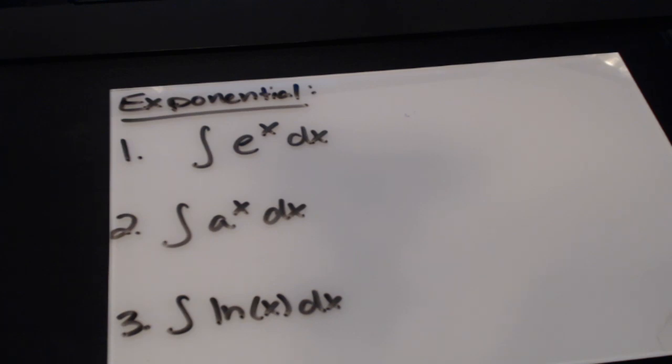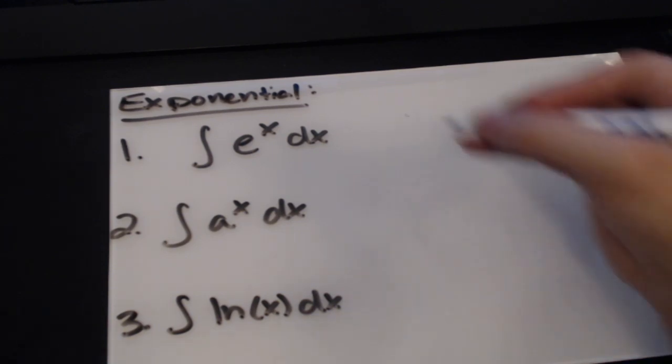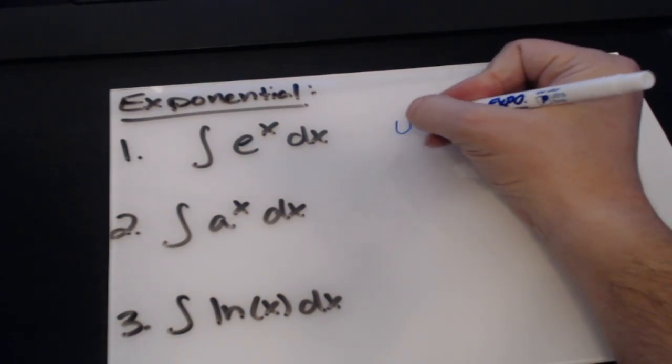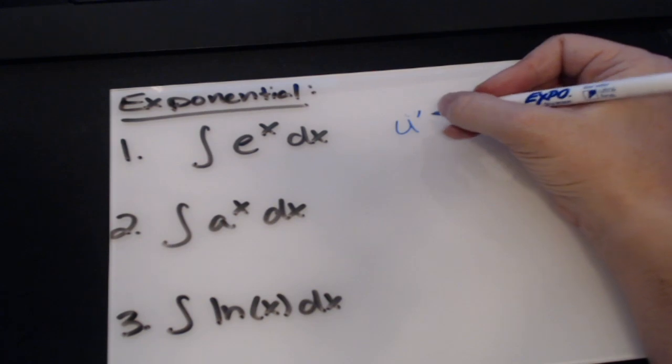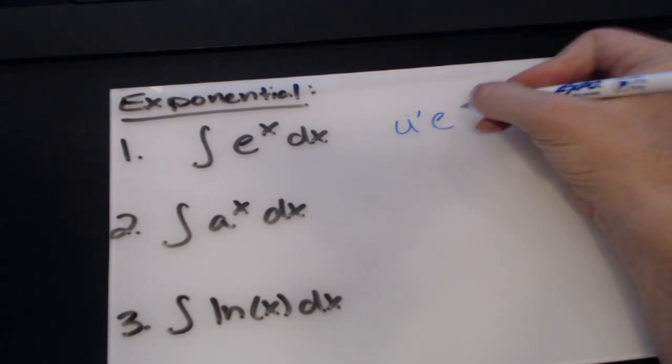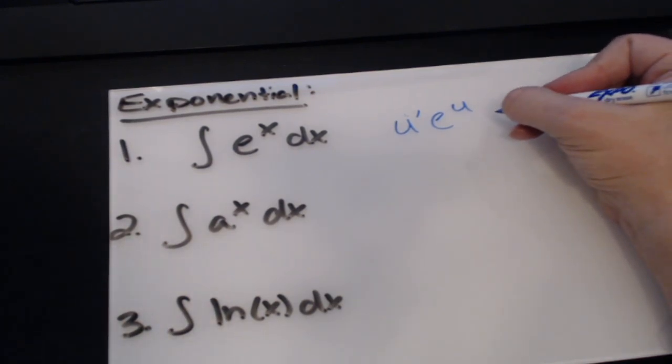I like to think about it as u substitution, which isn't happening yet. So, for instance, when you do the rule, it'd be 1 over u prime of e to the u plus c.